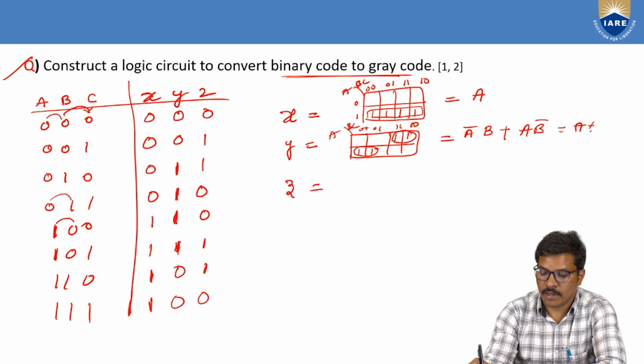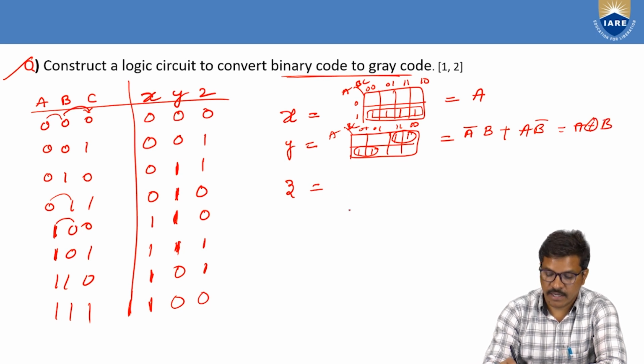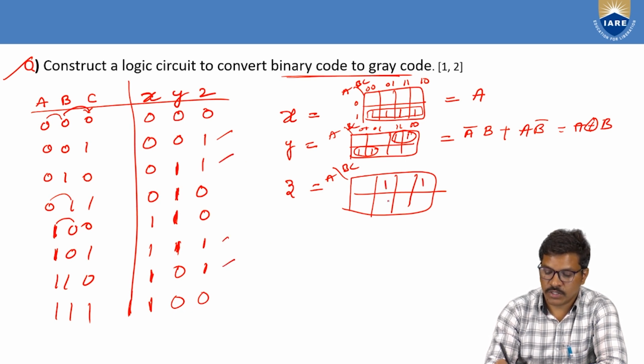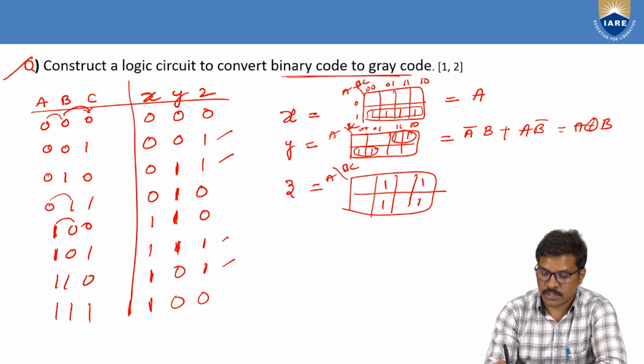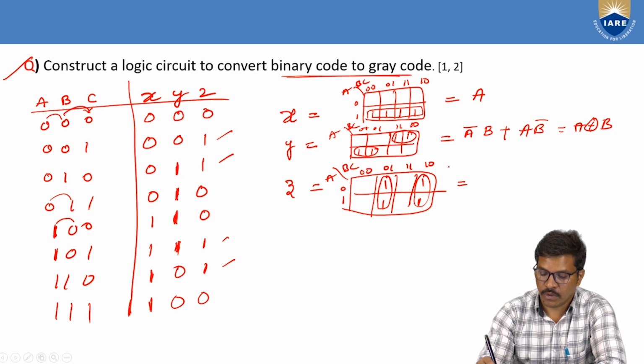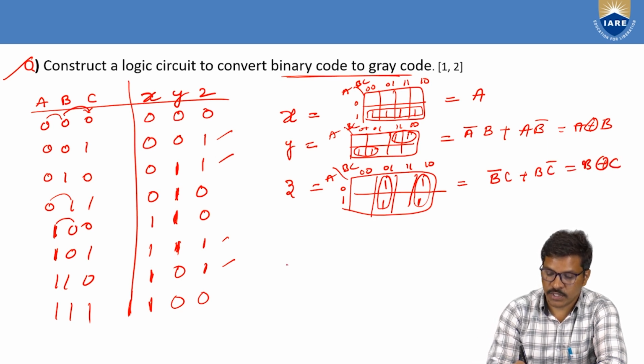So A XOR B. And for Z, you will take the K-map for Z. 1, 2, 5, 6. These are the 2 pairs. These 2 pairs can be represented as B' C plus B C'. So B XOR C is very easy to design.